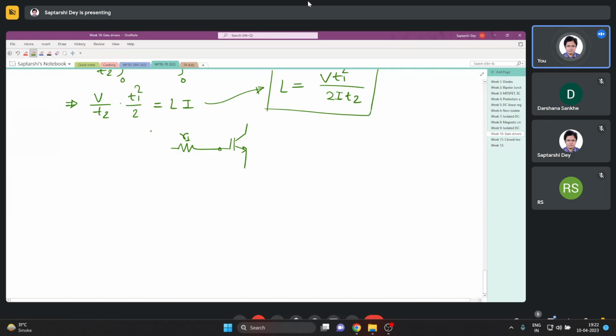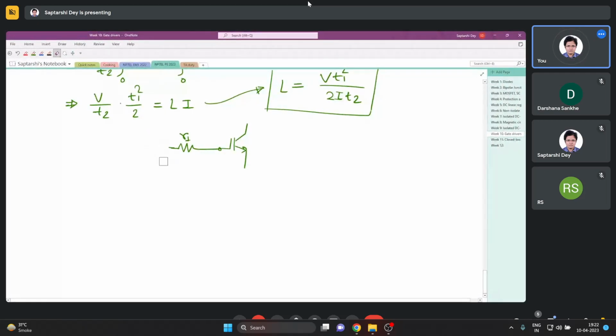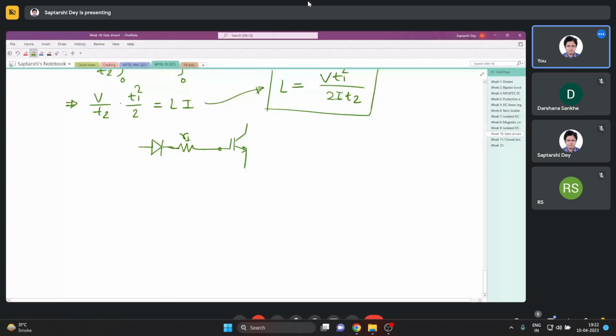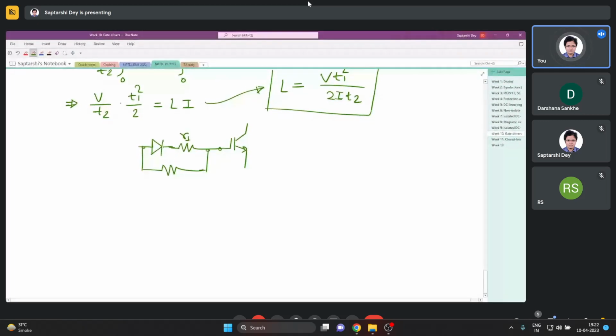So if you want faster turn off, you just connect a diode in this path and a parallel resistance here R2.